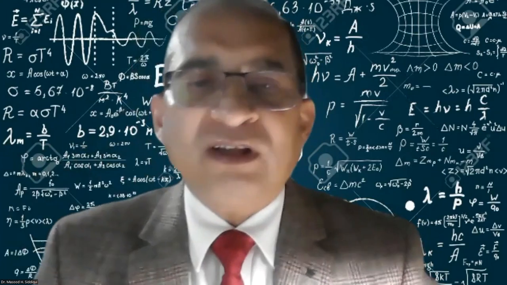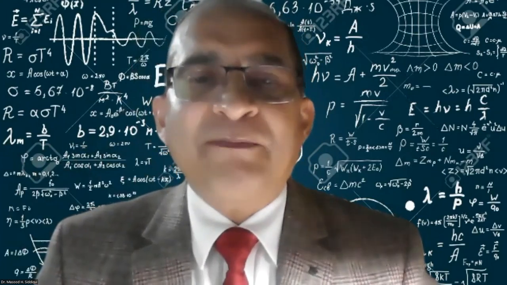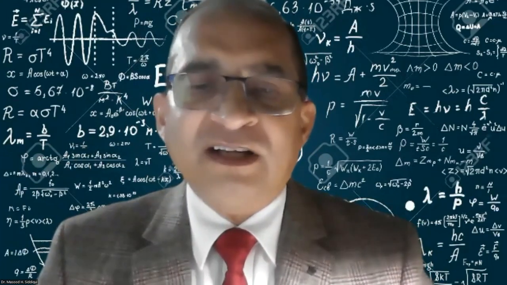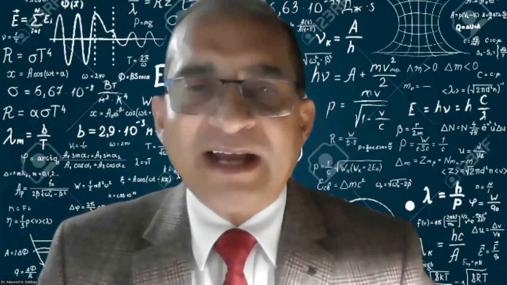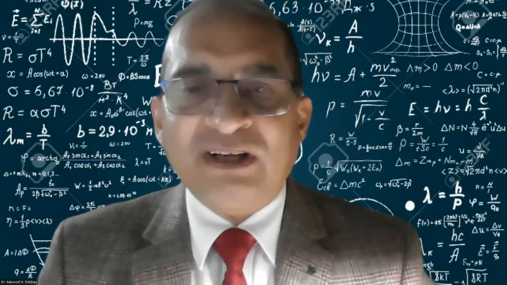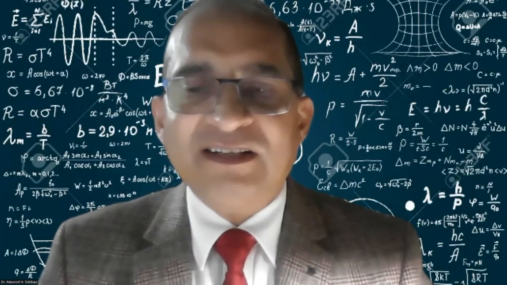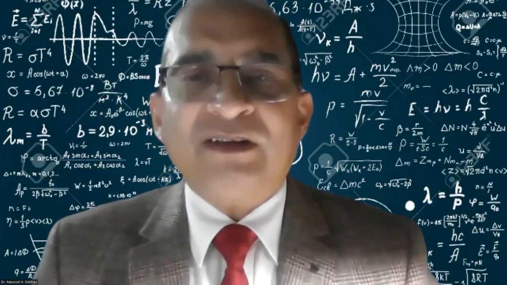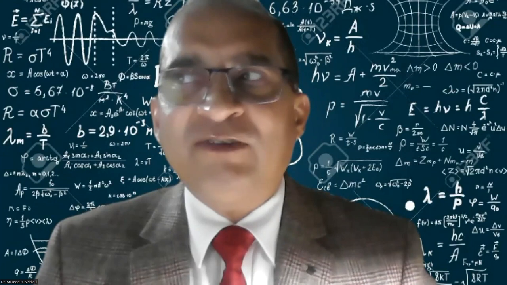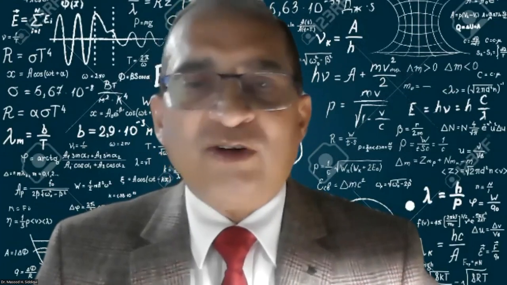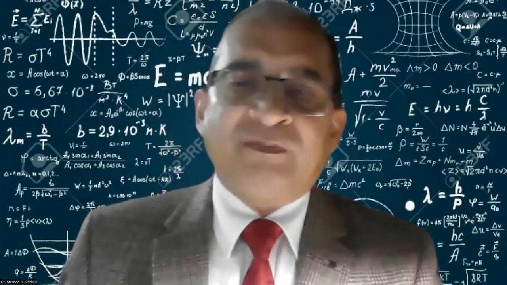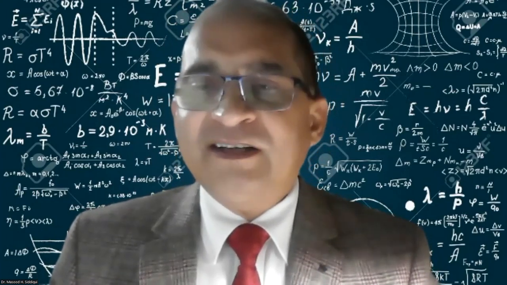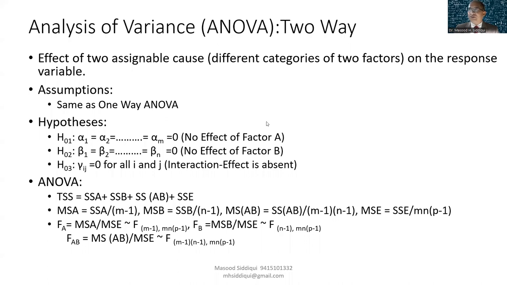But there was one more, the type of outlet, whether the outlet is a rural outlet or an urban outlet. Suppose we want to examine the combined effect of these two factors, the location and the type of outlet, rural or urban. Then we have two factors, and accordingly we will go for analysis of variance, or two-way ANOVA. Here I am sharing my PPT so that we can discuss that concept.